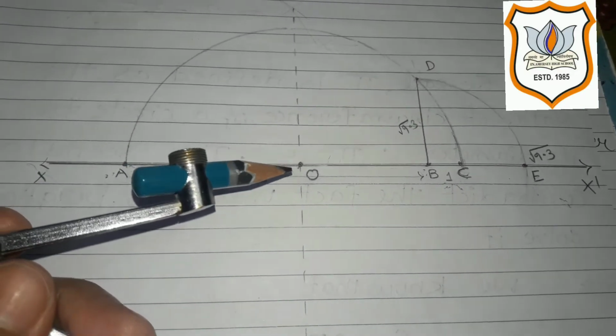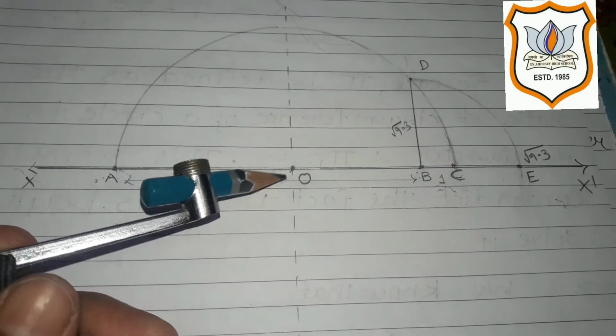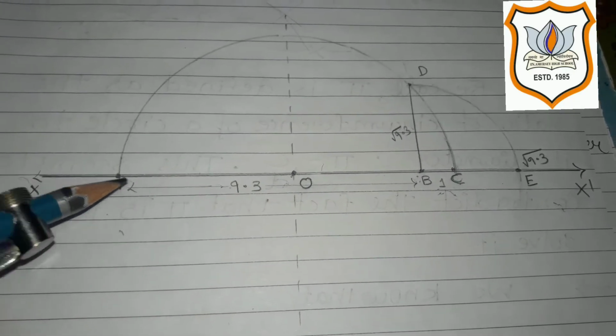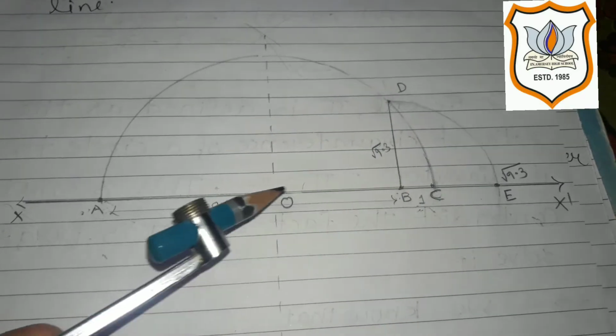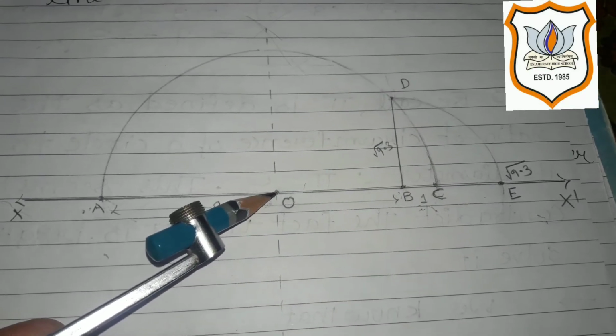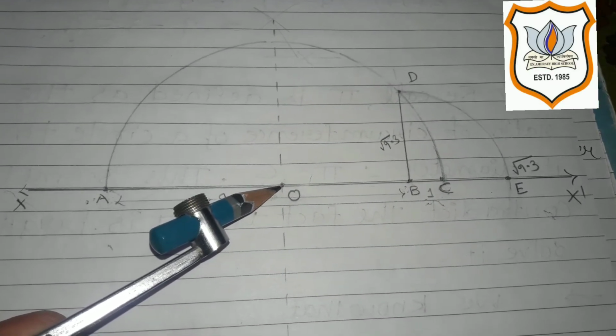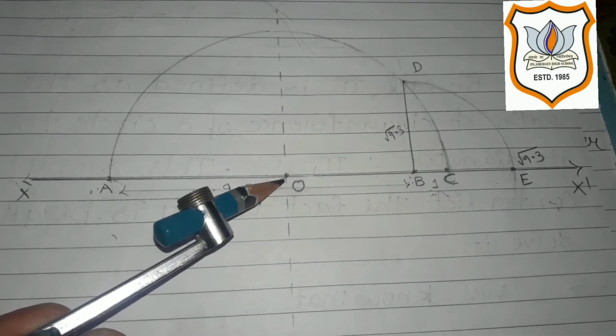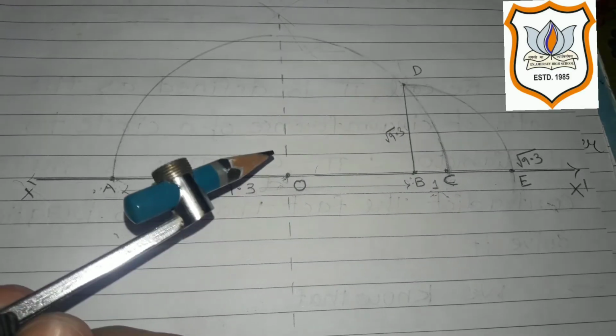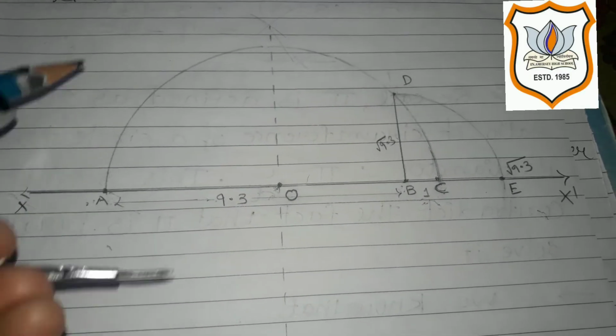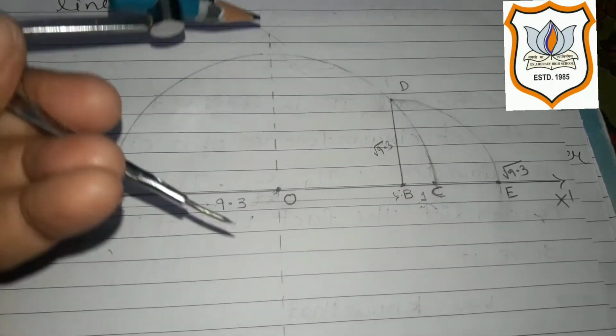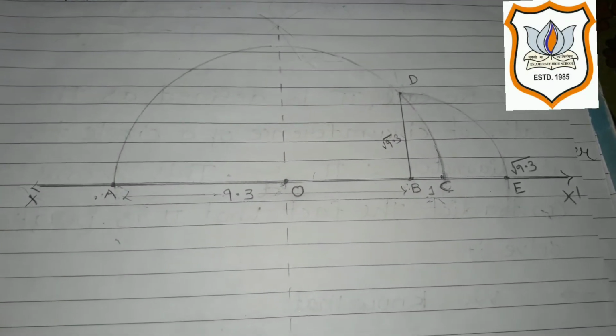And this perpendicular bisector will intersect your line AC at point O, and this is your center point. This is the midpoint of AC. Actually, we need the midpoint for this procedure. That's why we are drawing the perpendicular bisector.